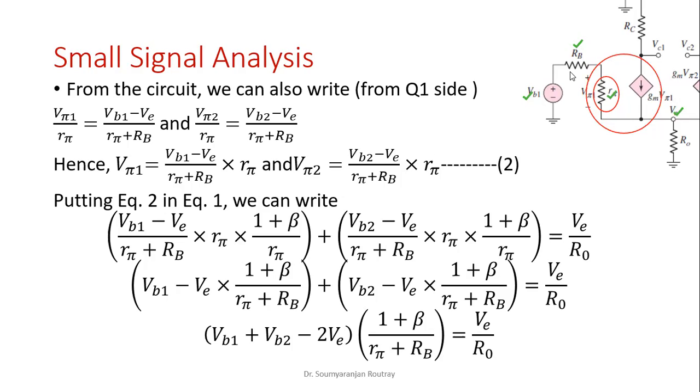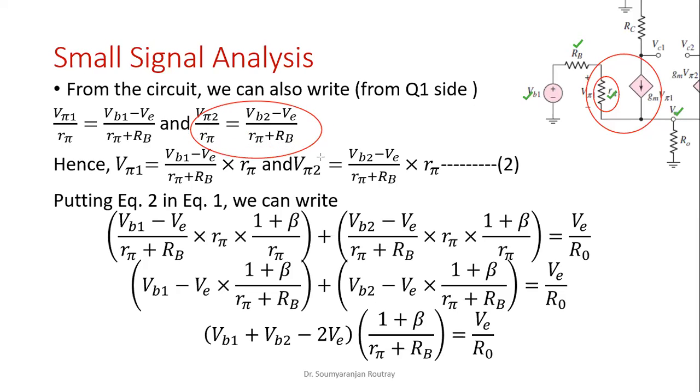I want to find out the current at this point, that is how much current is flowing over here. So current means V pi by R pi, where V pi is the voltage and R pi is the resistance. On the right hand side, I can write the difference between this voltage minus this voltage divided by the total resistance, which is RB plus R pi. This is the V by R equation. Similarly, for the Q2 side we can write these equations.